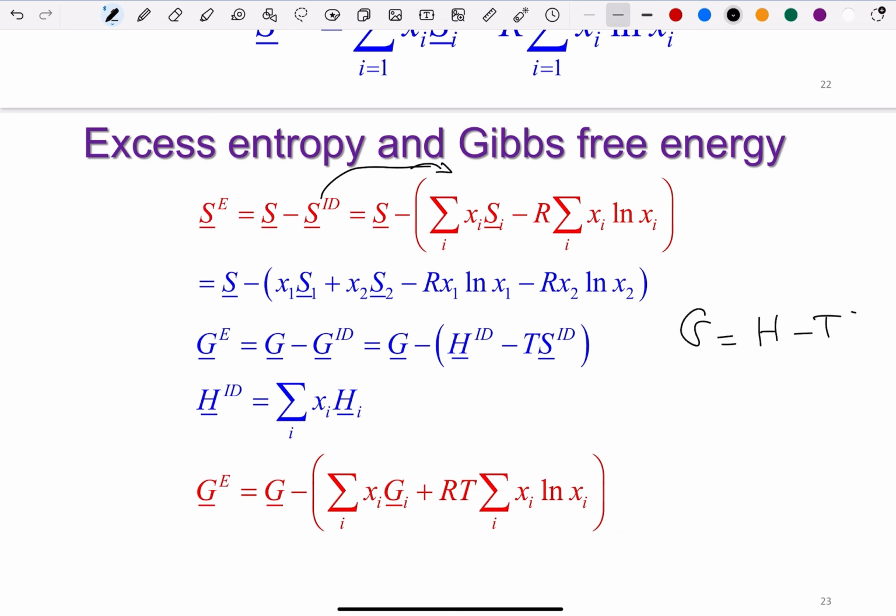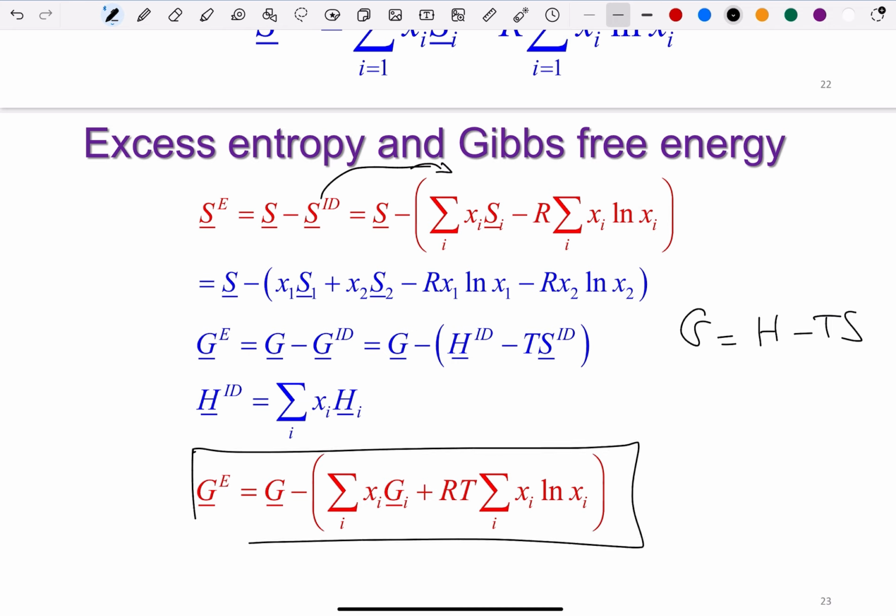H minus TS. It is ideal or excess, doesn't matter. So you can do that. If you replace those things, you will have the expression for GXS for your mixture. So this is also a very important relationship. We will come back to this when we are talking about non-ideal behavior in chapter 11. So we are going to use that expression. Over there I will ask you, what was the basis of this equation, right? Where did you get it? It's about the entropy of mixing, those terms, xi ln xi. Any questions?